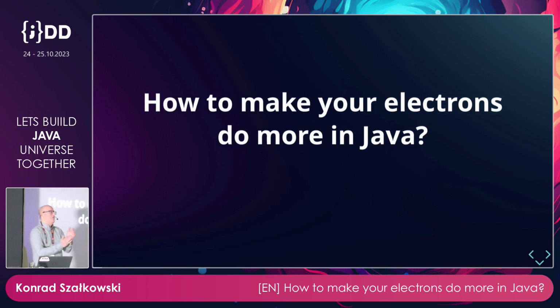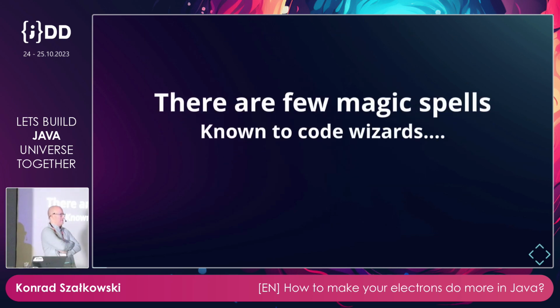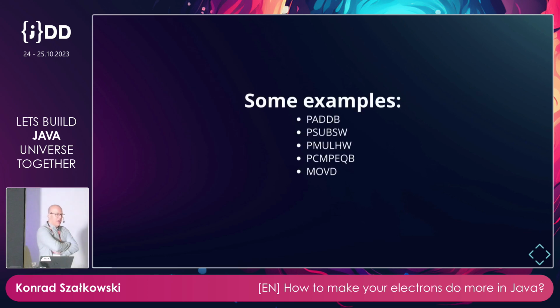So, how to make your electrons do more in Java? In short, there are a few magic spells known to the code wizards. Here you have some examples. Can anyone tell me what they are? Yeah, those are CPU instructions, mnemonics of the CPU instructions.